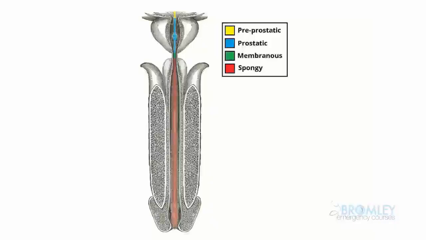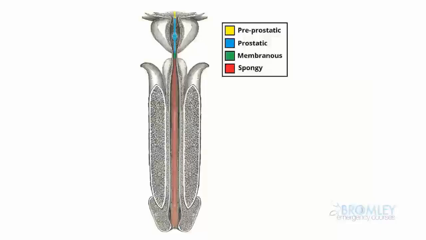Lastly, the spongy urethra passes through the bulb as well as the corpus spongiosum of the penis, and that ends at the external urethral orifice. And of course, in the glans penis, this bit dilates, and that forms the navicular fossa. The bulbourethral glands empty into the proximal urethra.